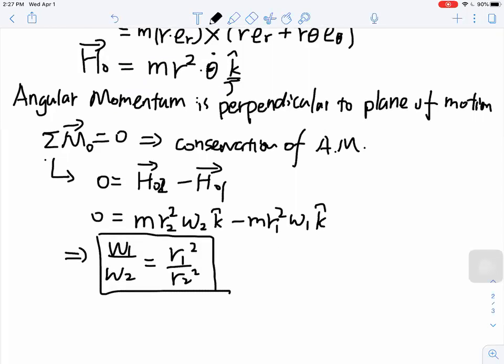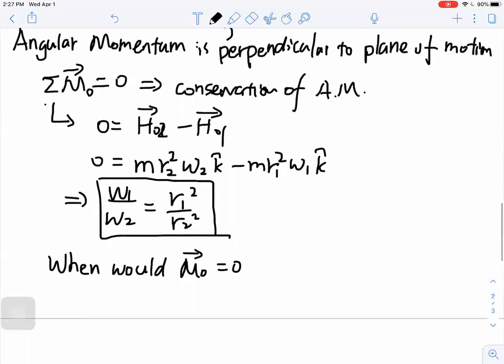Then I have a follow-up question. Here we talked about the conservation of angular momentum, which holds when the sum of all the moments about that fixed point is 0. So when would the moment equal 0?